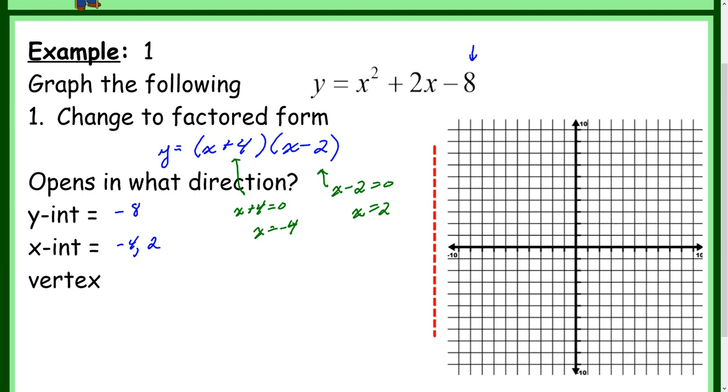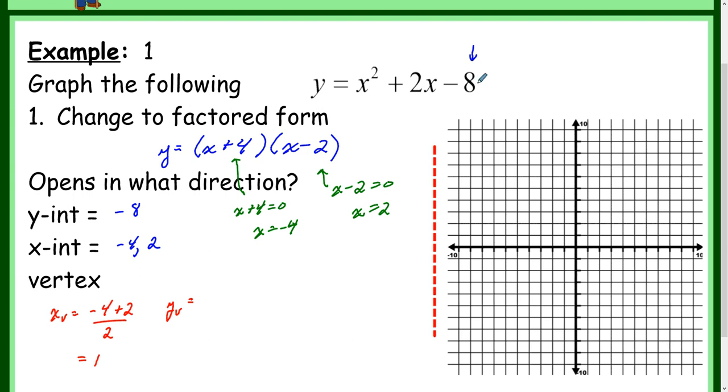Now we can go through the process of figuring out what our vertex is. And remember, the way we do that is that we calculate the x-coordinate of our vertex first, which is going to be the average between -4 and 2. So (-4 + 2) divided by 2 is going to equal -1. Then we're going to take this value and sub it in, either into this factored form equation, or this equation.